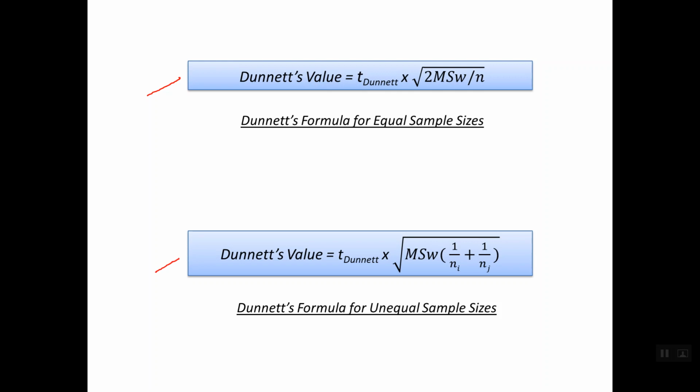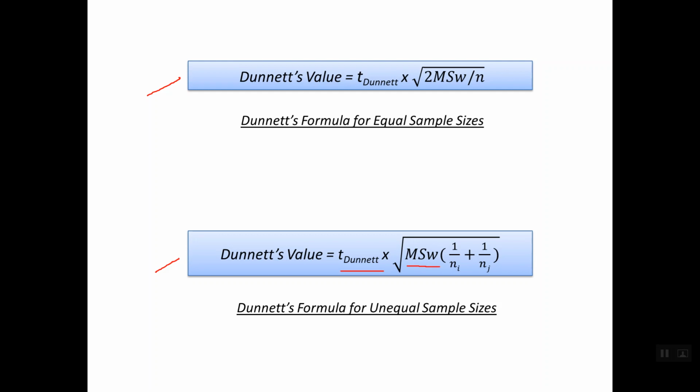So simply, to calculate the Dunnett's value, we should first determine what's called the t for the Dunnett test. This value of t is multiplied by the square root of the mean square within, or mean square error, multiplied by 1 over n sub i plus 1 over n sub j. i and j are the two groups we need to compare.